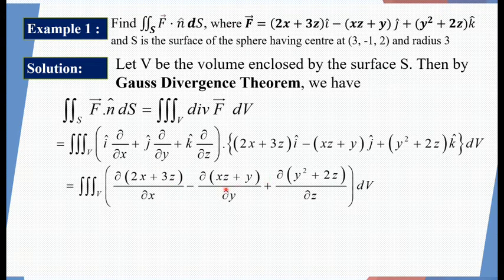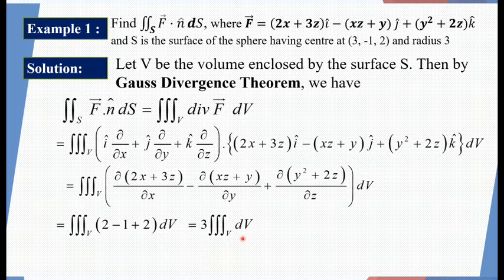Partial differentiation of xz plus y with respect to y is 1, because xz is a constant, so it is 0, and the partial differentiation of y is 1, and same as here we take 2. So it will be 2 minus 1 plus 2 dv. So 2 plus 2 is 4, minus 1, that is 3 triple integral V dv.